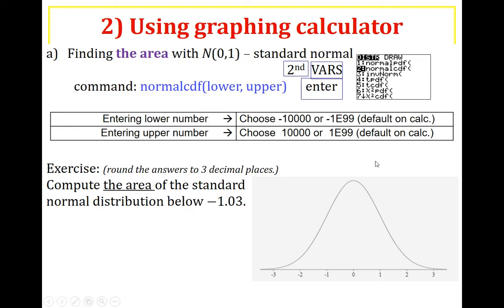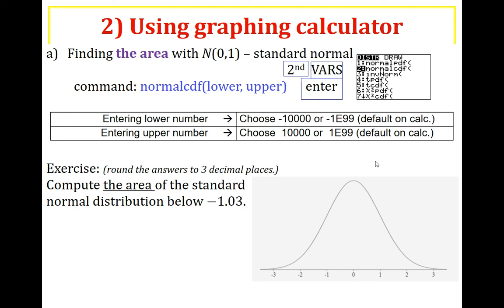So let's talk about using a graphing calculator to do some of this. Let's get away from StatKey a little bit. To find the area with a normal distribution of 0, 1, it's called the normal CDF, and that's the command. I'll show you how to get there in a second. We have to give it the lower and the upper numbers that we're calculating.